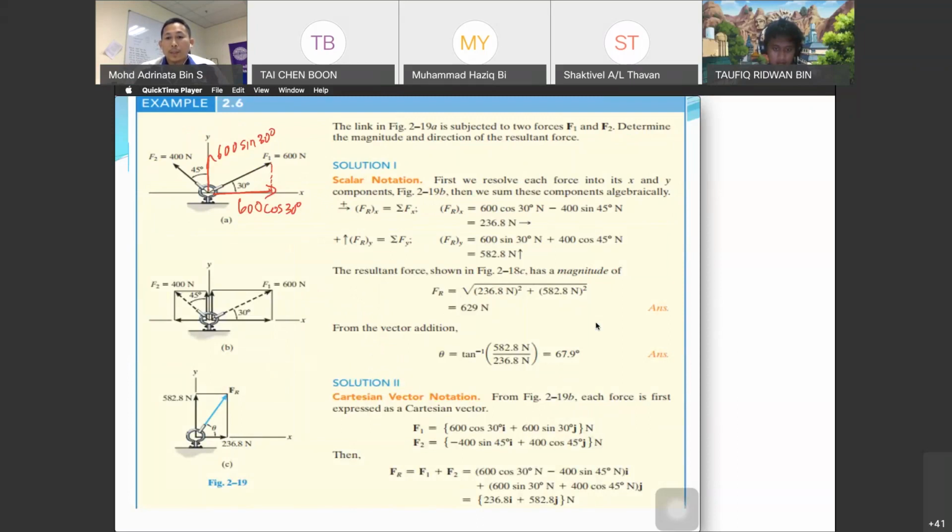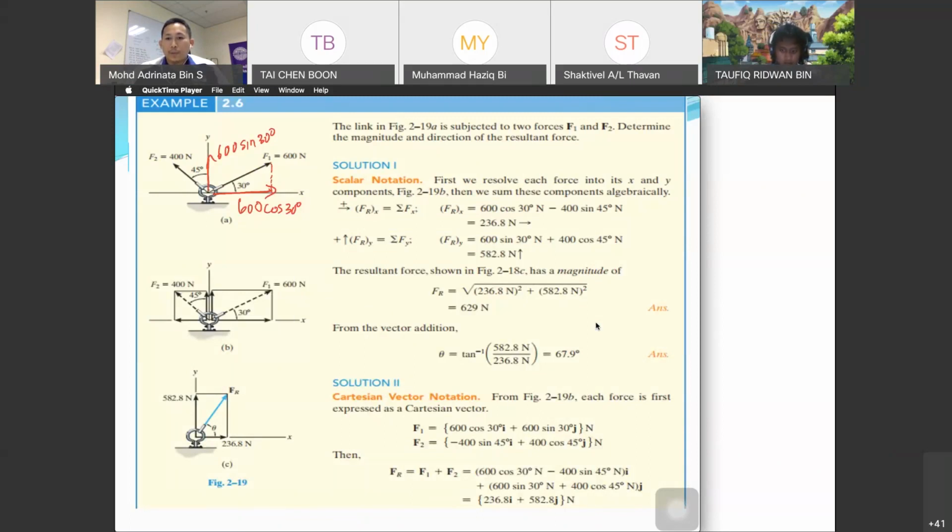The one is the parallelogram, okay, and then the second one is using the scalar by breaking your force into X and Y.